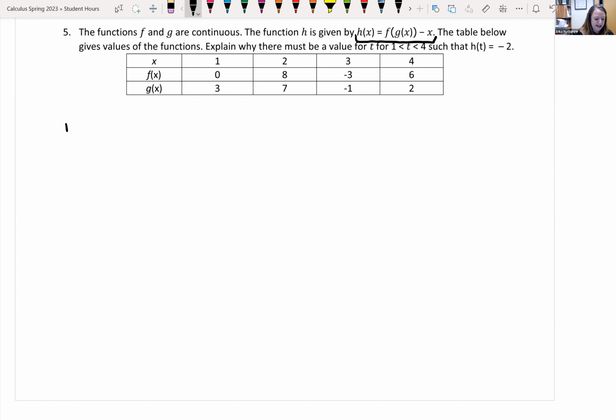So let's look at what is h of 1. Well, h of 1, let's go back to our equation. This is the same thing as f of g of 1 minus x, which is 1. So let's simplify this. F of, well, g of 1. So we're going to look at our table. When x is 1, our g of x is 3. So g of 1 is 3.